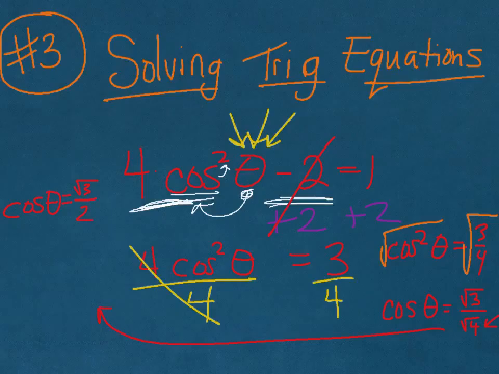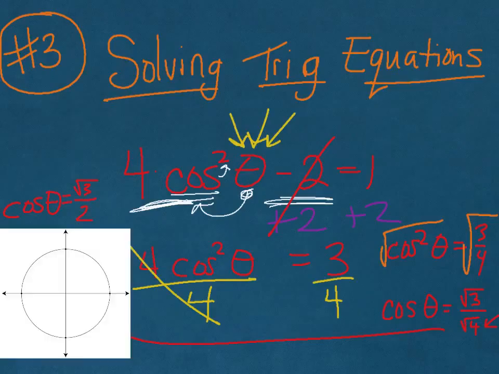And then we put it on our handy dandy little coordinate plane. So our x value is positive, and it's about 0.866, right? More than half. So it's about over here. So that's my cosine value.